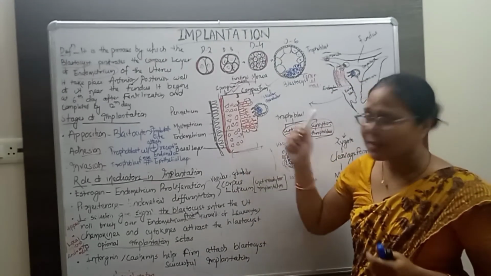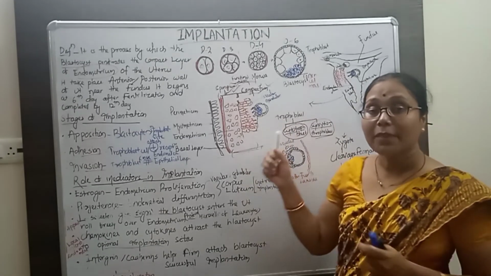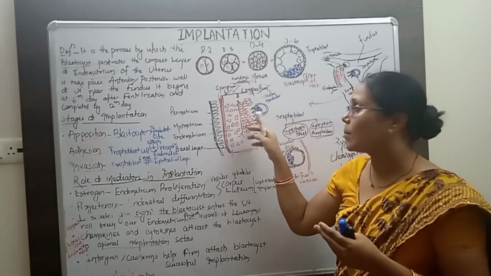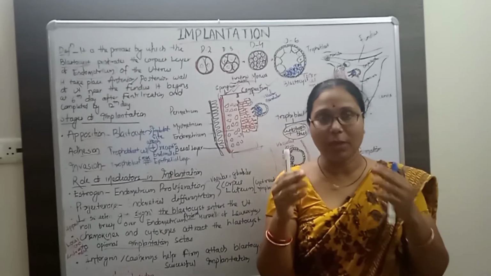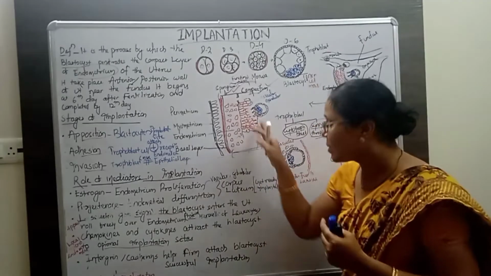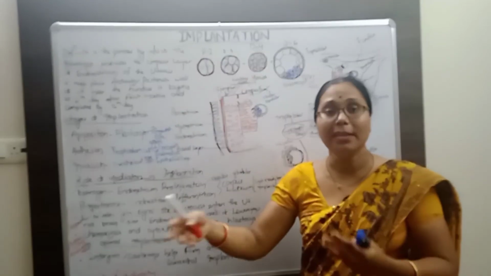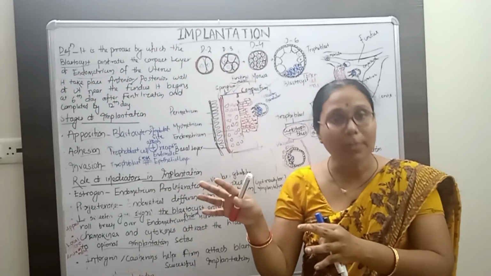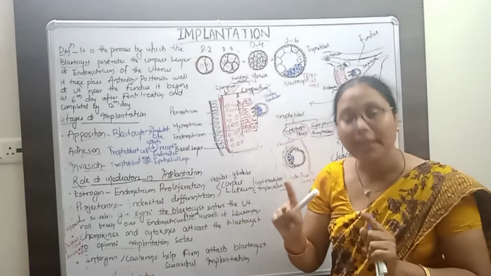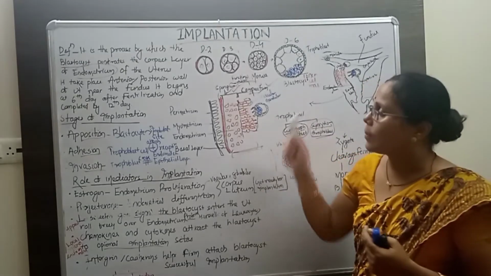But if implantation takes place, when the syncytiotrophoblast enters the endometrial layer, it secretes one hormone, the human chorionic gonadotropin hormone. This HCG hormone again activates the corpus luteum, so it does not regress, and it becomes more proliferative and more active.